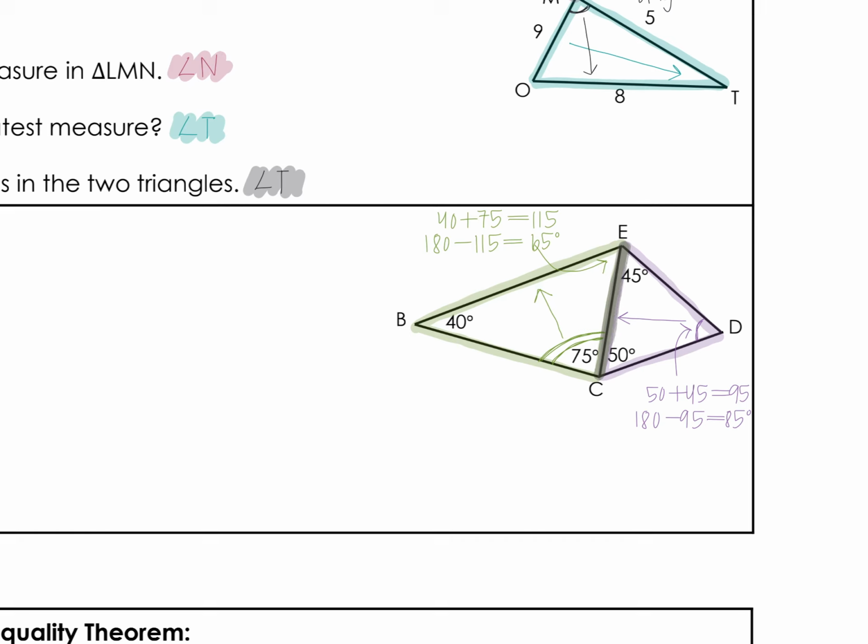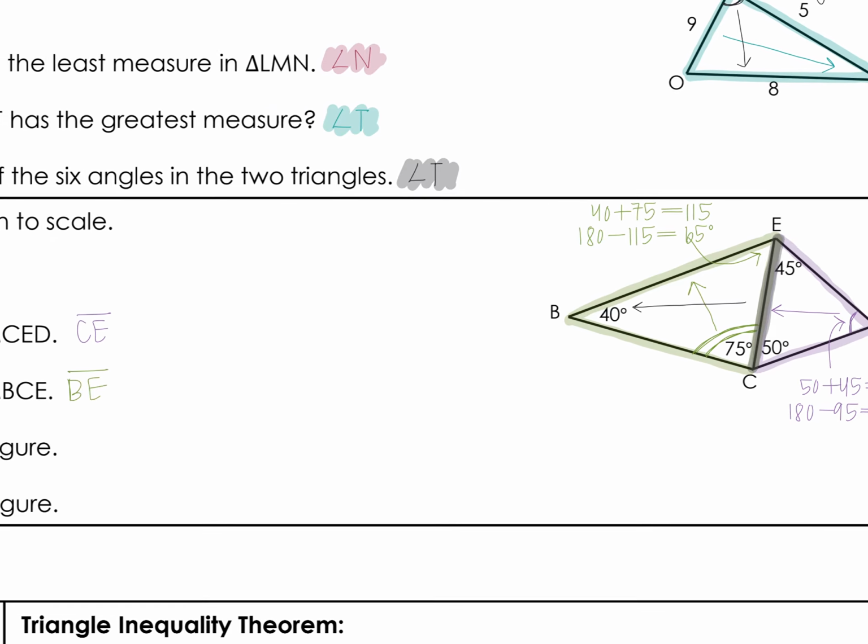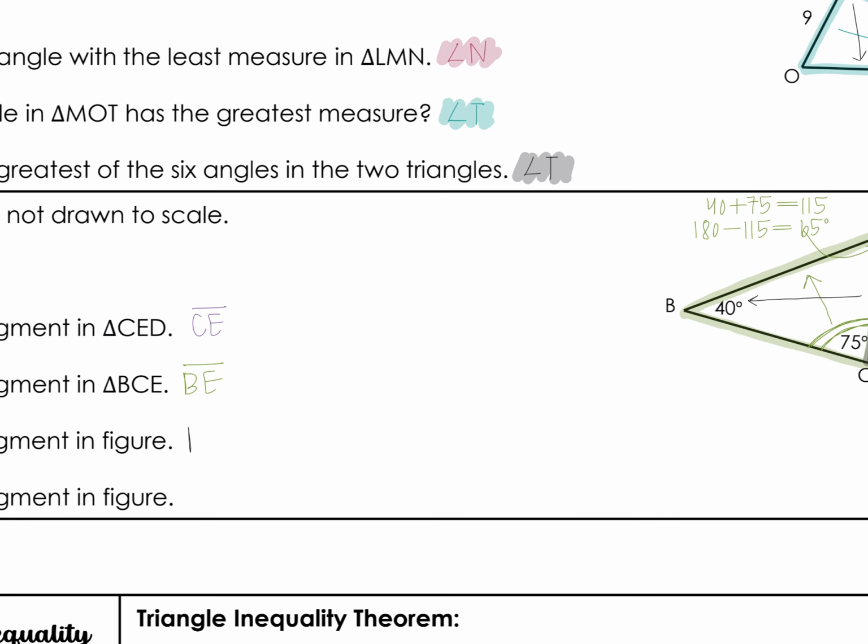So remember, when we looked, okay, my longest segment in that triangle CED was CE. But if I look across from it, I will notice that that is now a 40-degree angle, which happens to be the smallest angle in that triangle BEC, which just means that our sides get larger in that triangle. And so my longest side is going to be that segment BE again.